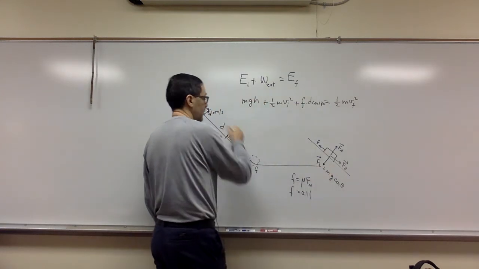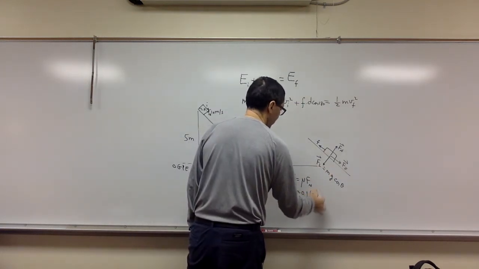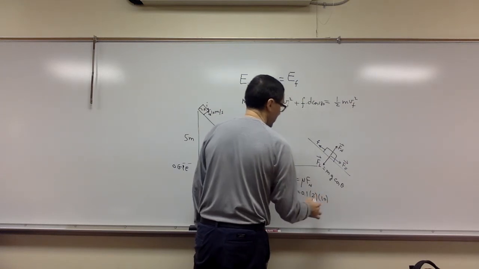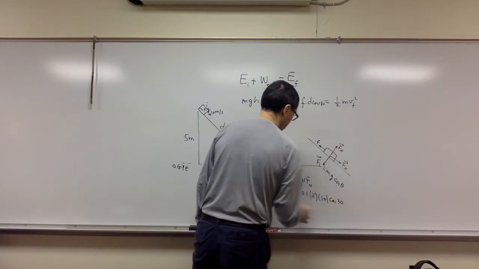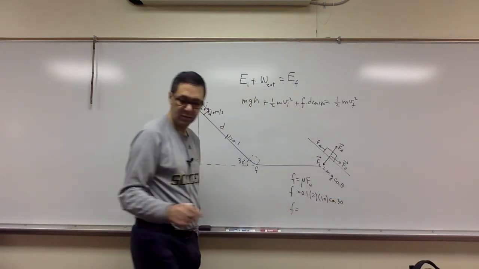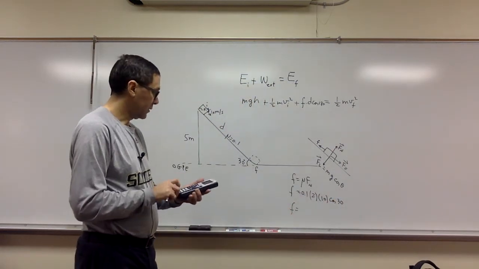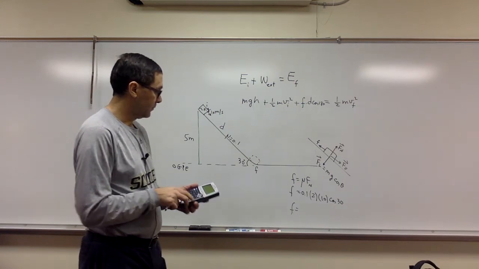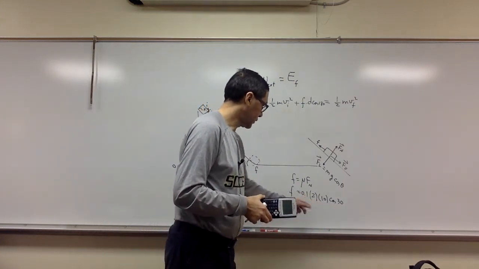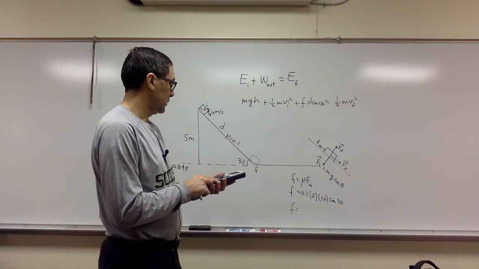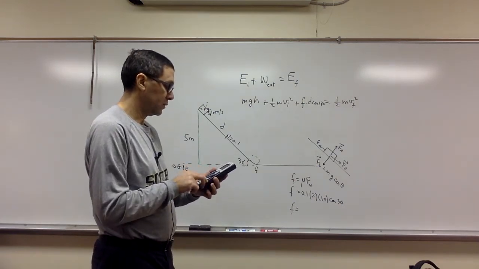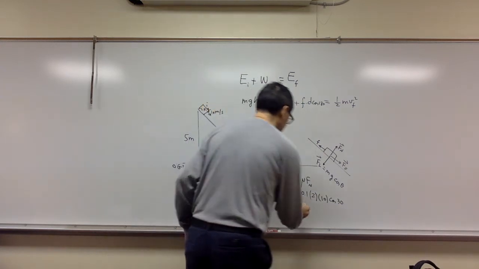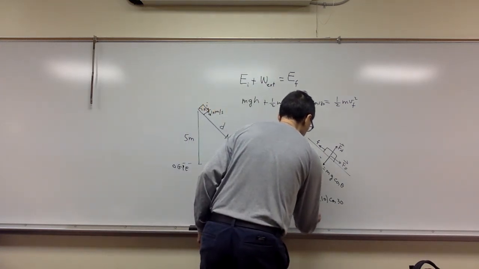So I'm going to do the numbers. mg, cosine of 30. Okay, so the force of friction will be, let me do that quick. That's 20, that's 2. Yeah, that's 2 cosine of 30. So it's 1.73. Very little friction.